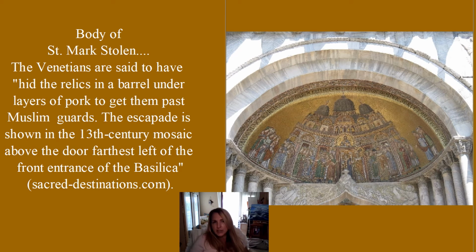The escapade is actually shown in 13th century mosaic above the farthest left of the front entrance of the basilica because the Muslim guards would not touch pork. It was considered dirty. And the Christians knew this, so this is what they wrapped the relics of the saint in.